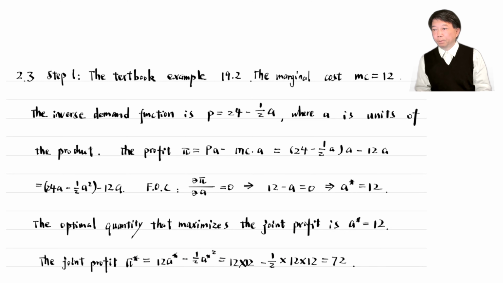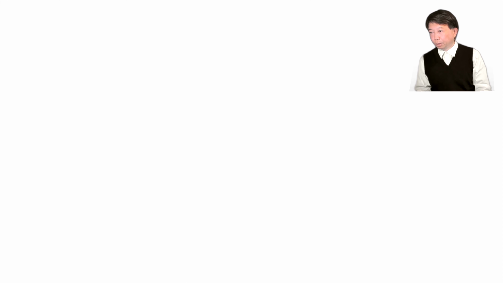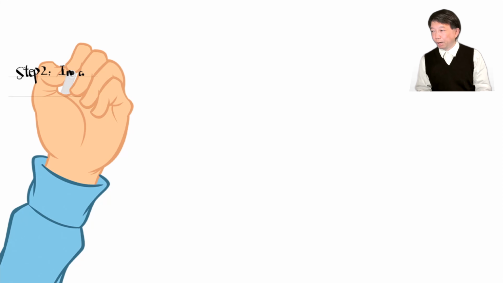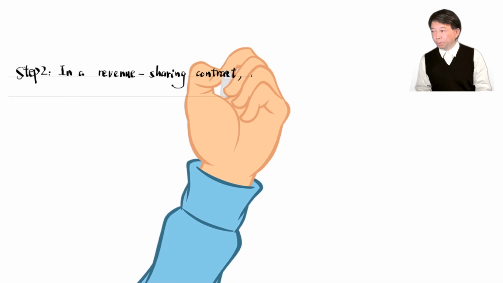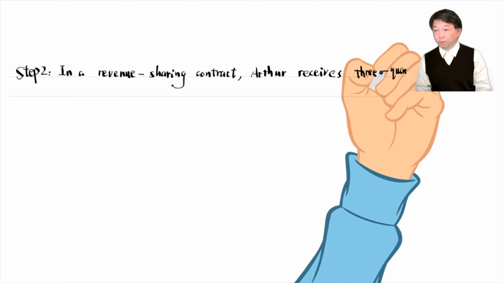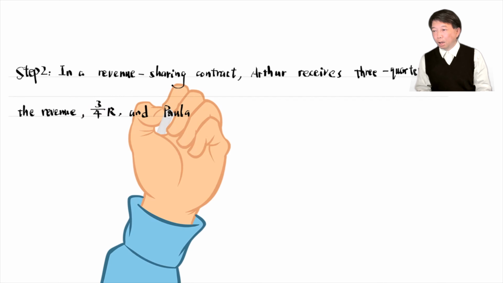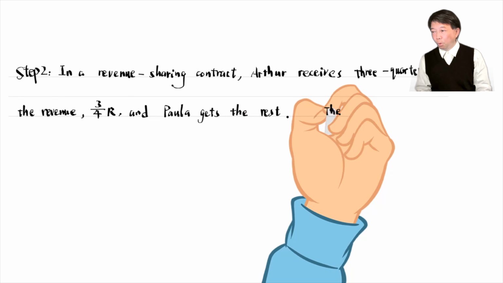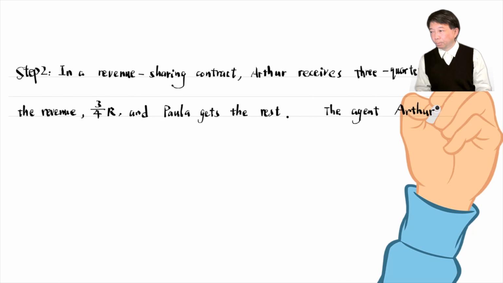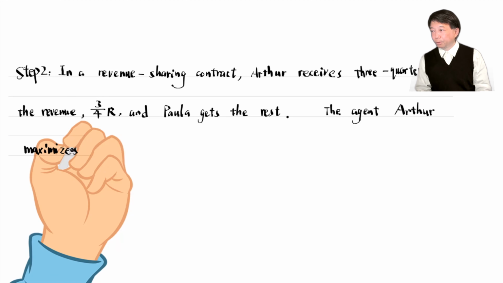In the second step, we find the joint profit using a revenue sharing contract between the principal and the agent, as described in the textbook. Suppose Arthur receives 3/4 of the revenue and Paula gets the rest.